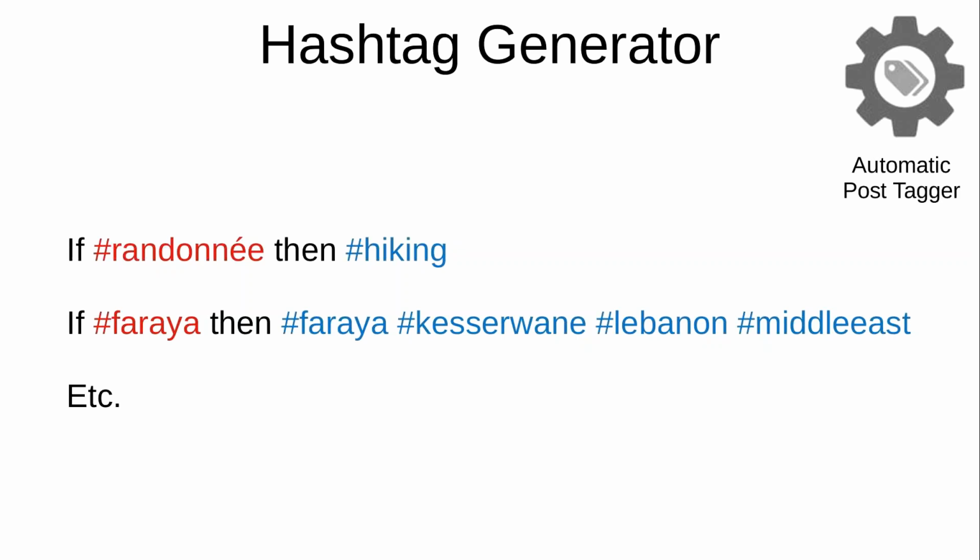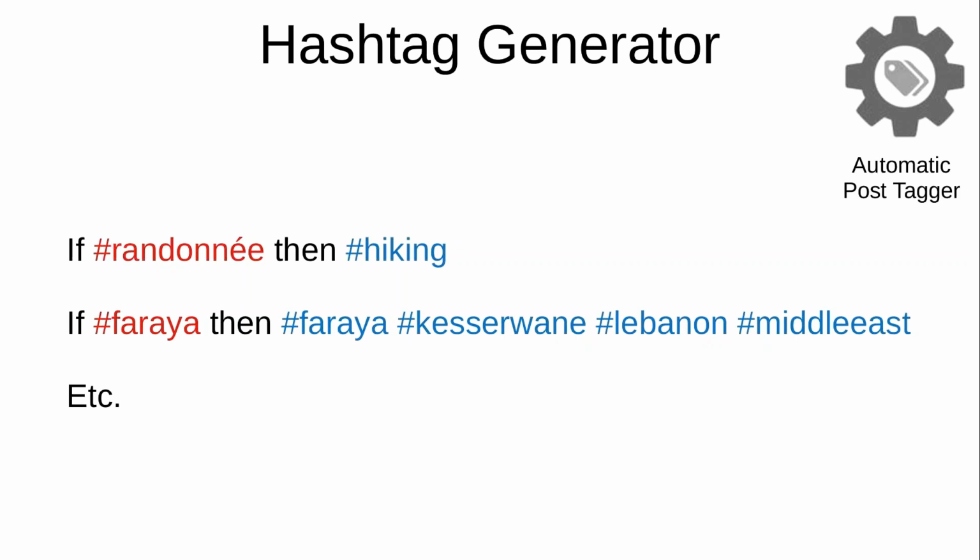So for example, if I have the word hiking or randonnée, it will automatically generate the hashtag hiking. If I find the word Faraya, the generator will automatically create the hashtags Faraya, Kesrouan, Lebanon, Middle East, in a hierarchical way.